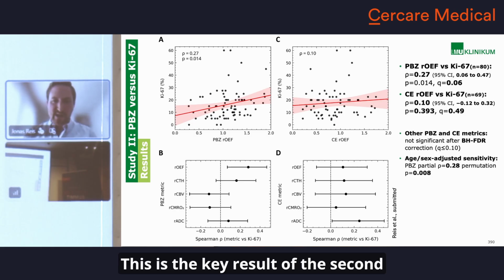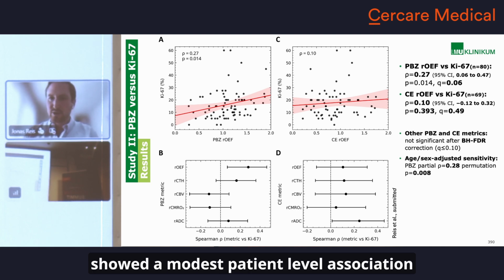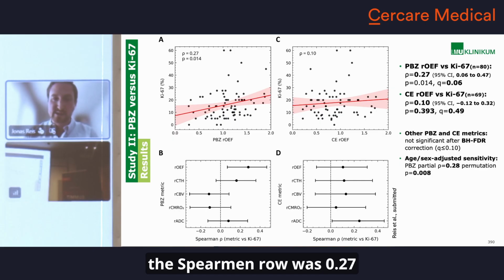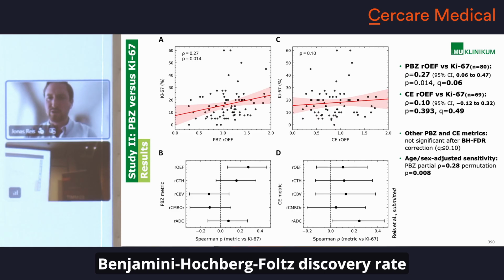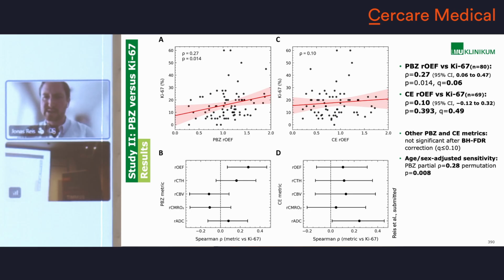This is the key result of the second study. Peritumoral brain zone oxygen extraction fraction showed a modest patient-level association with Ki67. In 80 patients, the Spearman rho was 0.27 with a nominal p-value of 0.014 and a Benjamini-Hochberg false discovery rate adjusted q-value of 0.06.